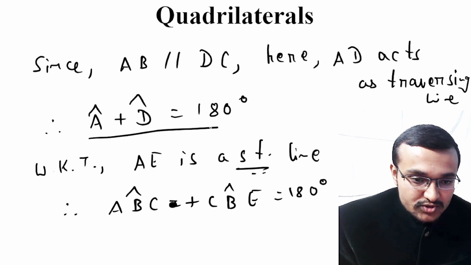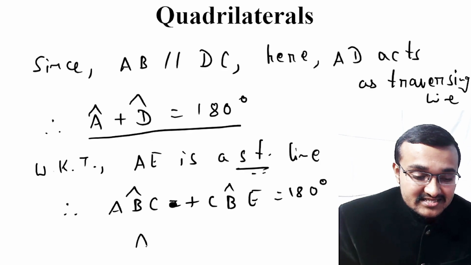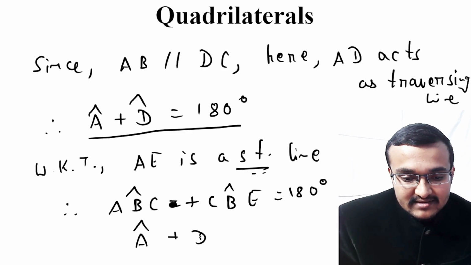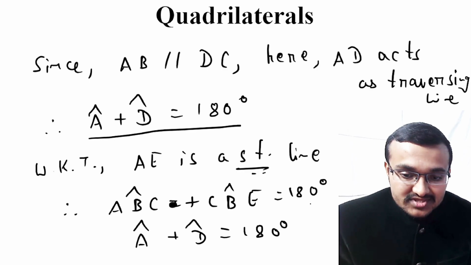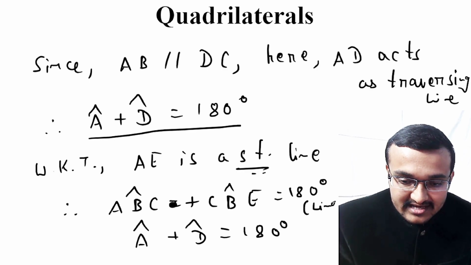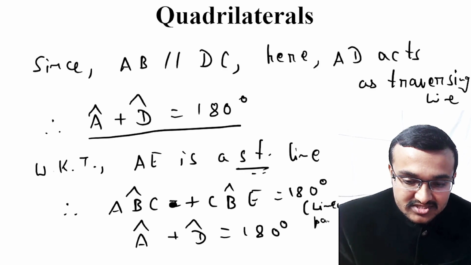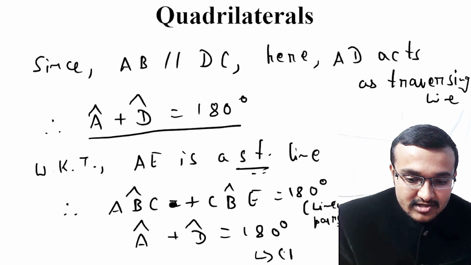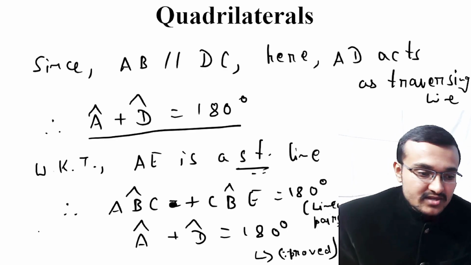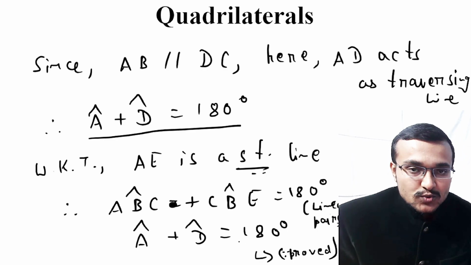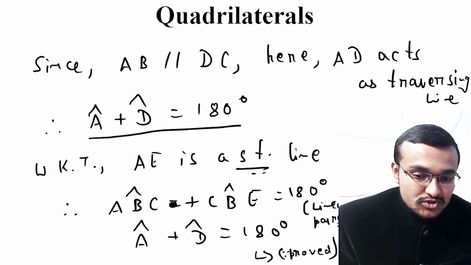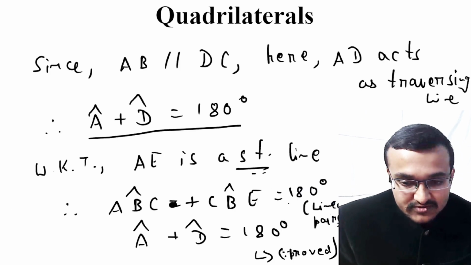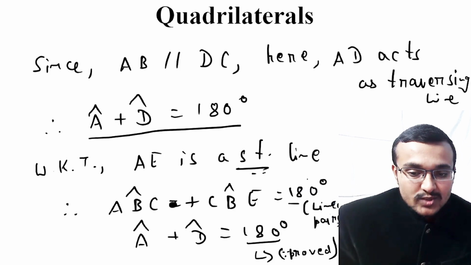And here we know that angle A plus angle D is equal to 180 degrees. So this is because they act as linear pairs, and this we have already proved. So now we have A plus D is equal to 180 degrees and ABC plus CBE is also equal to 180 degrees.